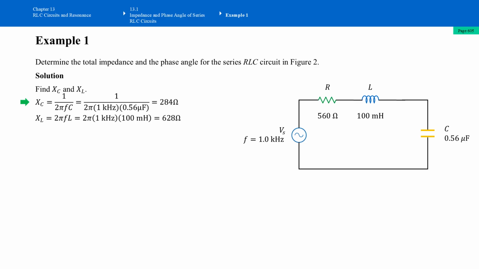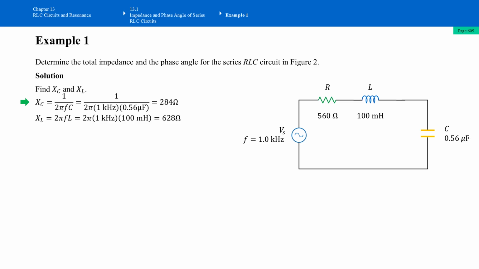First, as always, we need to find the reactance. This time we need to find both reactances, XC and XL. For XC, the formula is 1 over 2 pi times frequency times capacitance. That equals 1 divided by 2 pi, 1 kilohertz, multiplied by 0.56 microfarad.